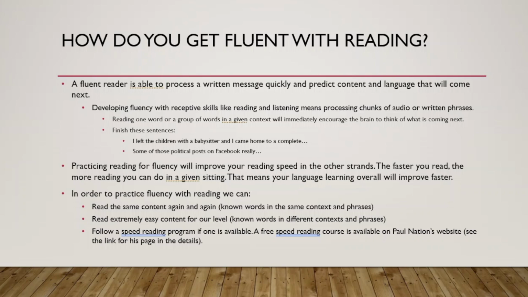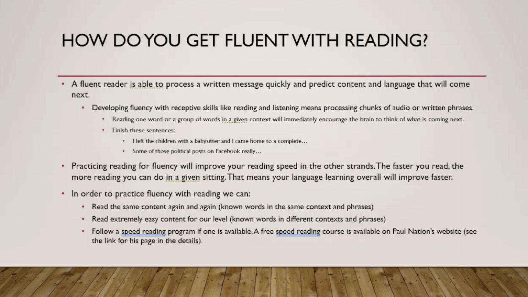The third way of developing fluency with reading is to follow a formal speed reading program, if you can get one. English is a privileged language, of course, because most of the work in this area has been done using English, so you can find a free speed reading course on Paul Nation's website.